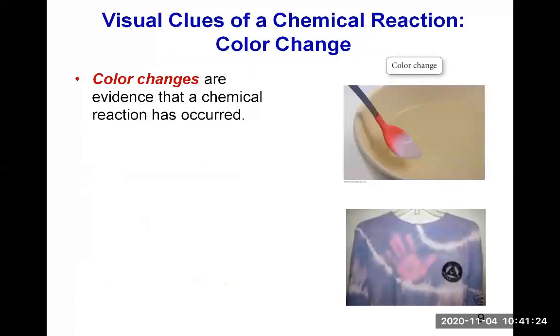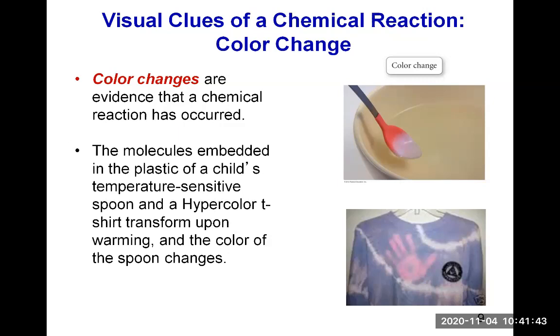So let's go through some visual clues of a chemical reaction. So how do we know that we have a chemical reaction that has happened? And so visually, you can see some color changes. These are evidence that a chemical reaction has occurred. For example, the molecules embedded in the plastic of a child's temperature-sensitive spoon or a hypercolor t-shirt transform upon warming.